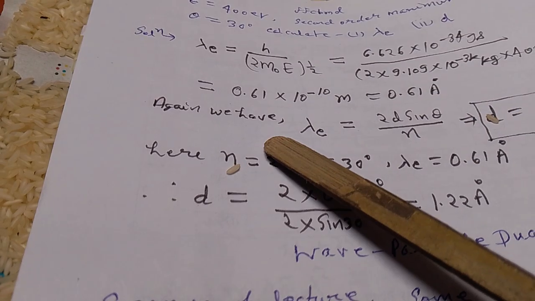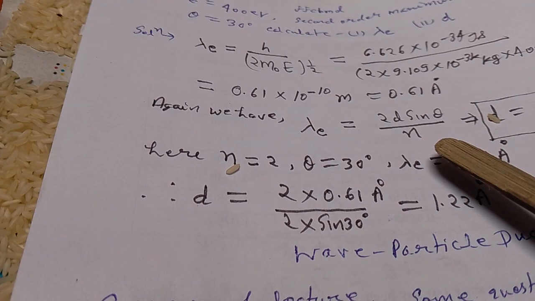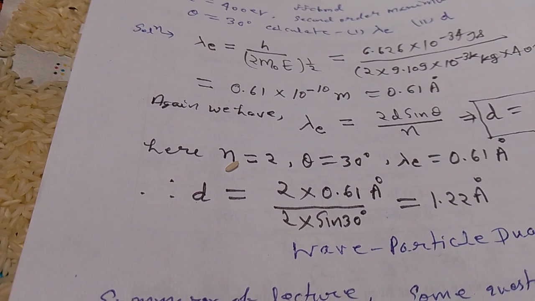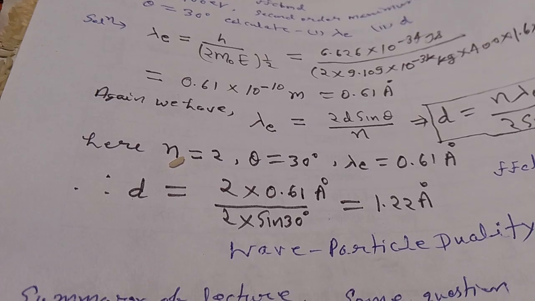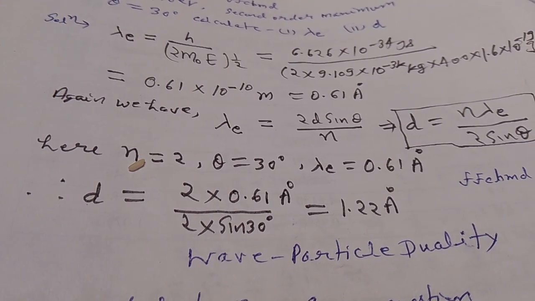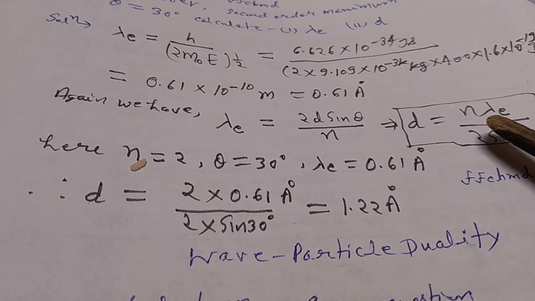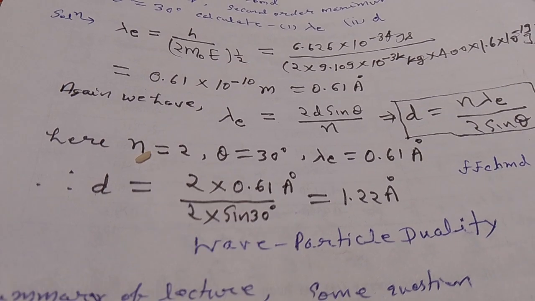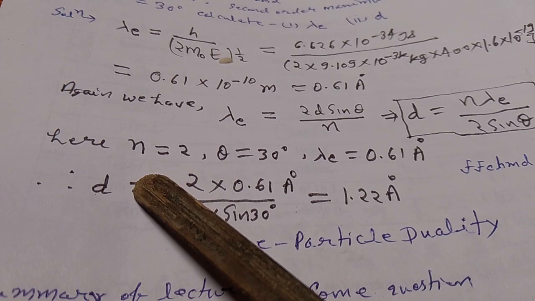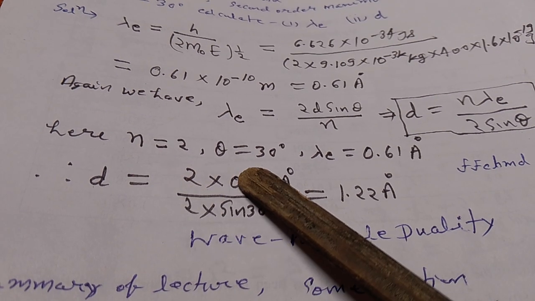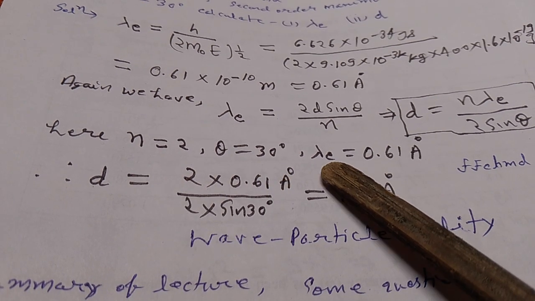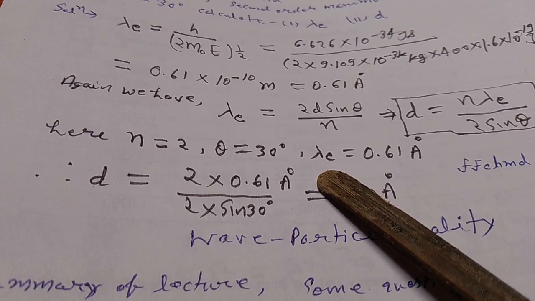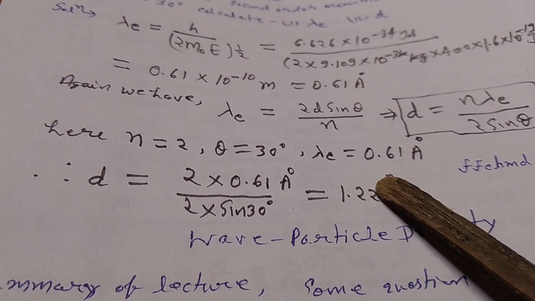Again we have lambda equals to 2d sine theta by n. So from this we get d equals to n lambda e by 2 sine theta, and using the given values, because this is second order diffraction, n equals to 2, theta is equal to the given 30 degree, and we earlier calculated the electron matter wavelength lambda e equal to 0.61 angstrom.